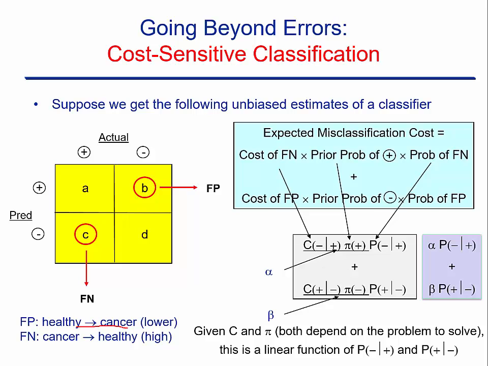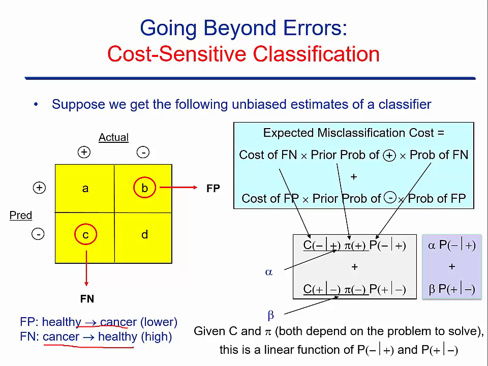A false positive introduces a cost, as the person misdiagnosed needs to take some unnecessary therapy, which is miserable and expensive. But the cost of misdiagnosing patients with cancer as being healthy is much higher, because this may cause a loss of life, right? So a false negative has a higher cost.